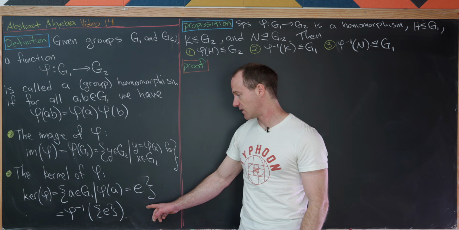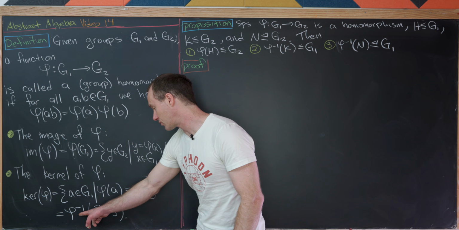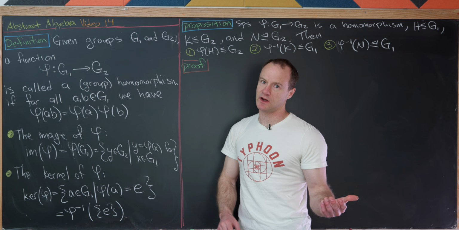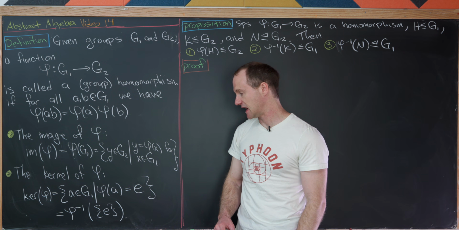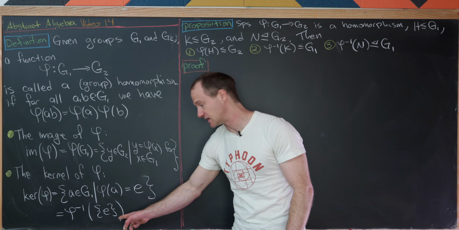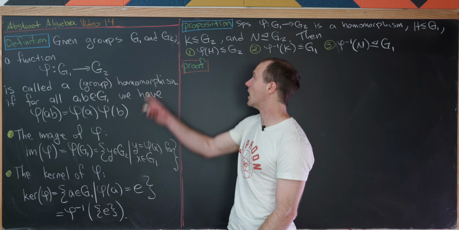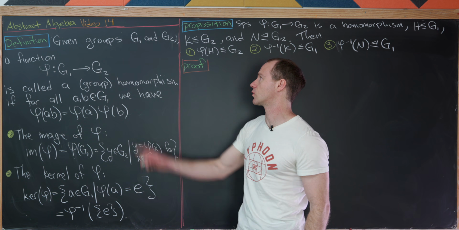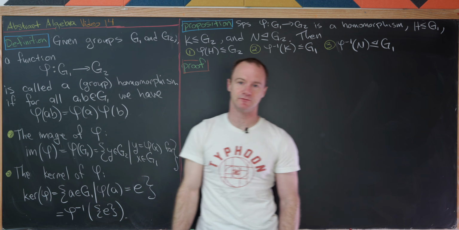Then I'd like to point out that this is exactly the pre-image of the singleton set E, or in other words, the singleton set containing the identity, which is most definitely not just a subgroup of G2, but it's a normal subgroup. It's the trivial normal subgroup of G2.